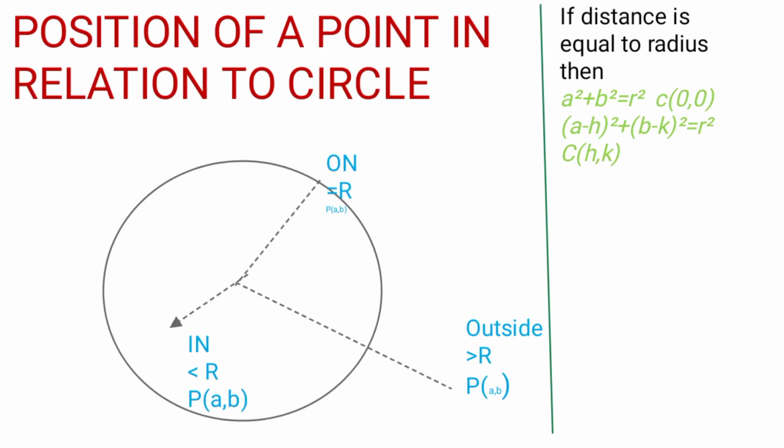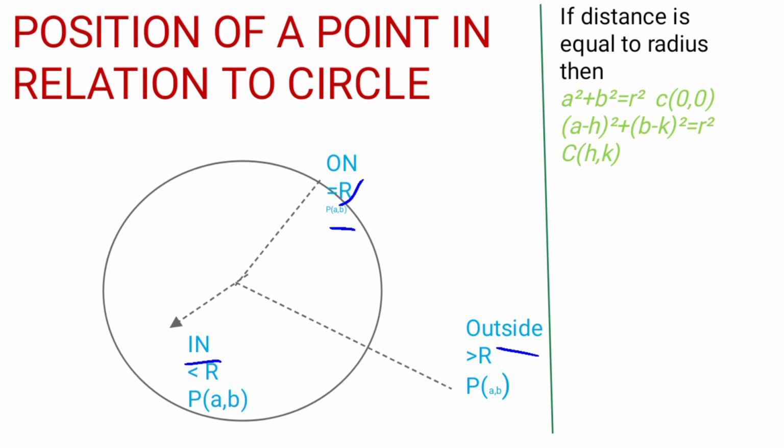Next is the position of a point in relation to a circle. A point B can be either on the circle, inside the circle, or outside the circle. The difference is, if it's on the circle, the distance is equal to the radius.